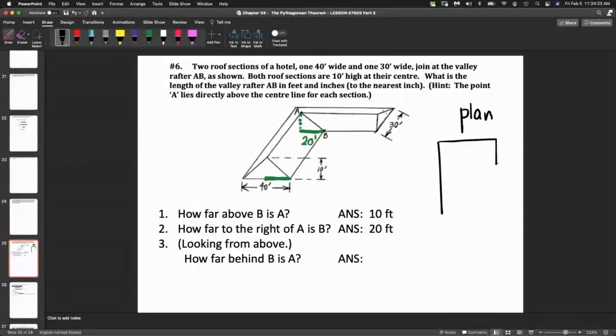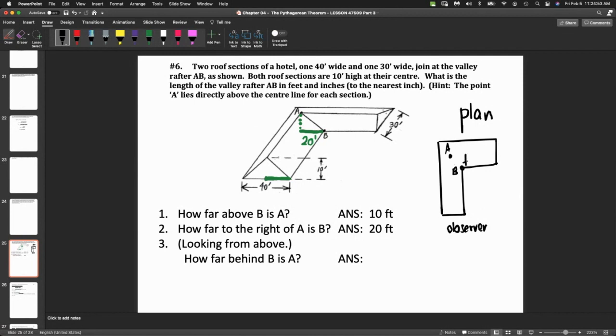And for those of you who like Tetris, because I love Tetris, that's the Tetris view of this building. Just kidding. It's not Tetris, okay? So if you look from above, A is over here. This is from above, and this is B. And remember, the observer I'm talking about is here. If you're standing right here, if you're X and you're looking at this building, you're looking that way.